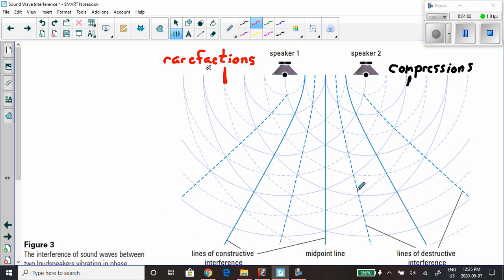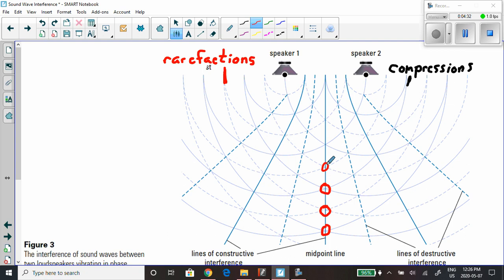Well, if you were to stand here and listen to the two speakers playing at the same time, if you were to stand along this line right here, this would be a line of loud sounds because along this line you always have compressions from each wave meeting and rarefactions from each wave meeting, right?